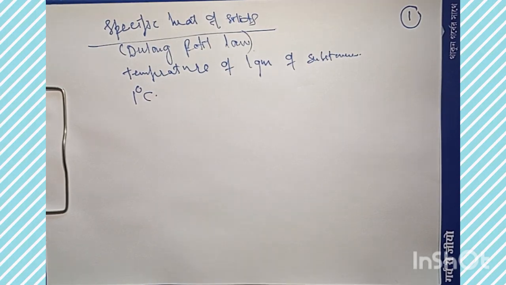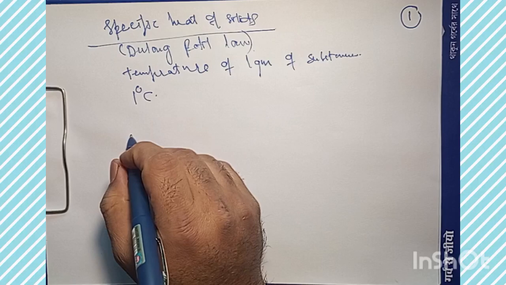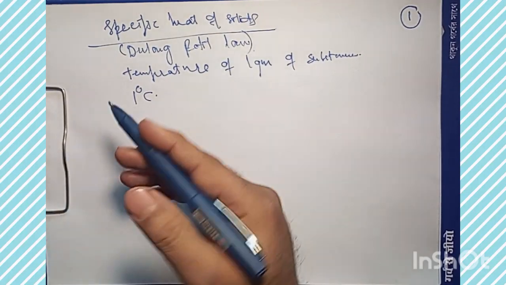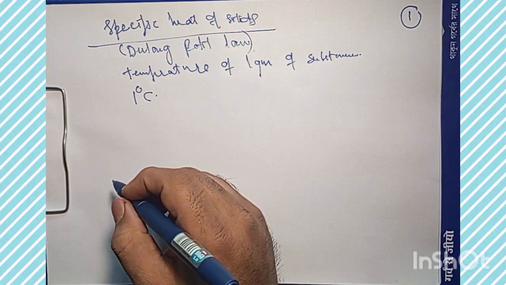And this specific heat is not always constant, but it shows variations with temperature.